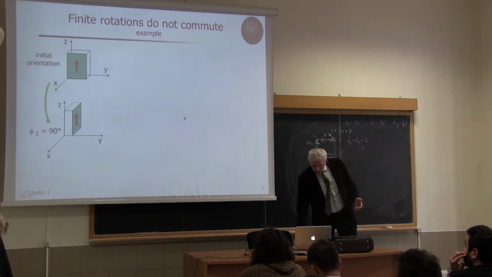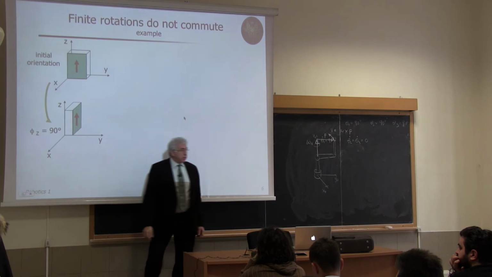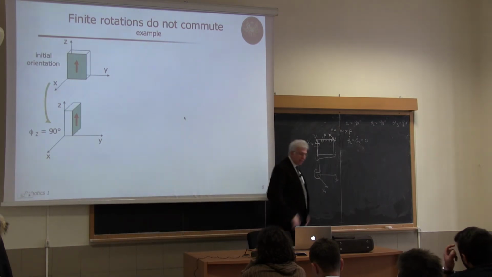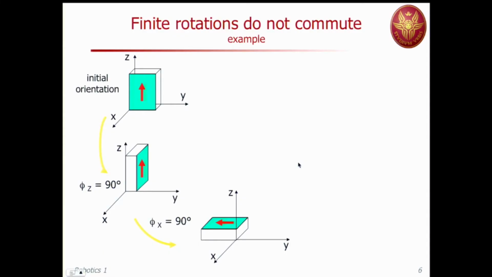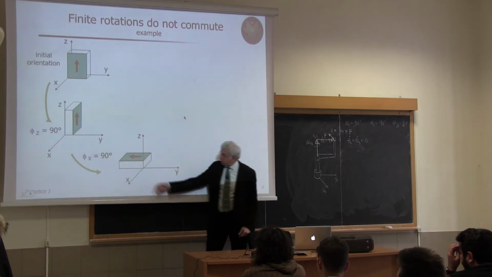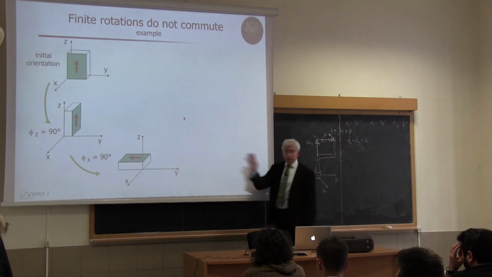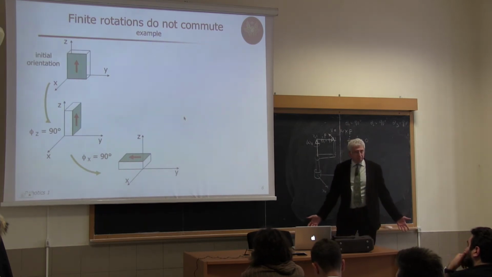Let's say I want to rotate first 90 degrees around the z-axis, so this box reaches this position. And then, in sequence, I want to rotate 90 degrees around the x-axis. This is positive counterclockwise when you put your head on the arrow and look at them. So this is the final orientation.